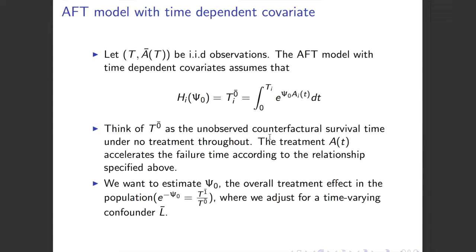And if we have a time-dependent covariate, and in this case we have time-varying treatment, our setting will be like we have a survival time T and our time-varying covariate A bar at T. That's the whole past before the time you die. And the AFT model with time-dependent covariate will become this form.